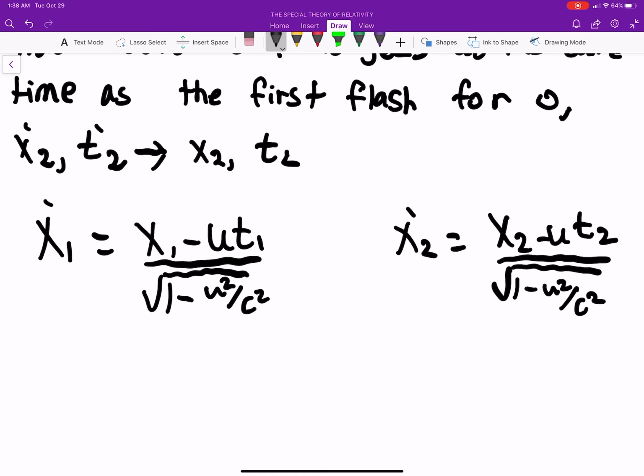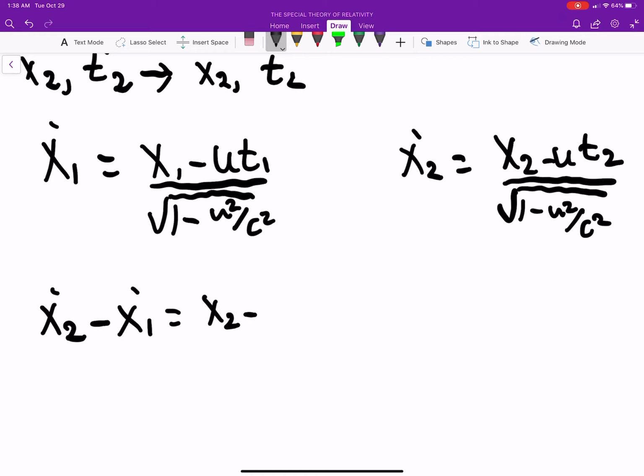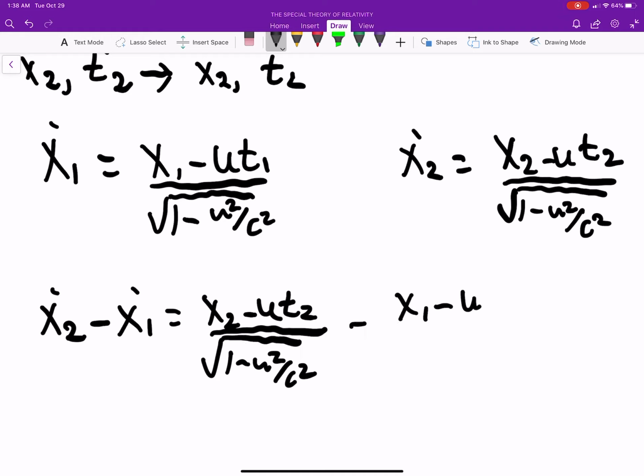Now what we want is we want to know the length. So that would just be x prime 2 minus x prime 1, which is equal to x2 minus u t2 over the square root of 1 minus u squared over c squared, minus x1 minus u t1 all over the square root of 1 minus u squared over c squared.